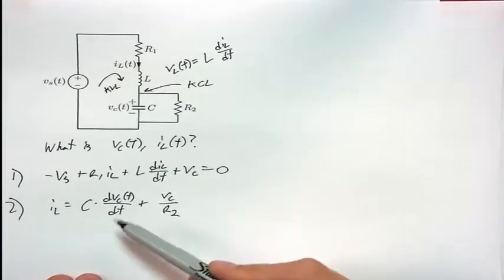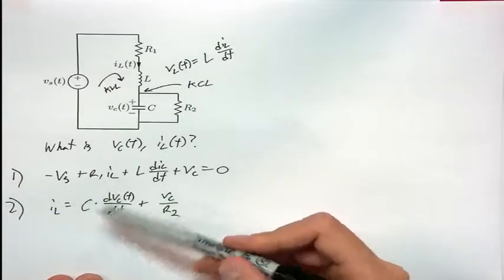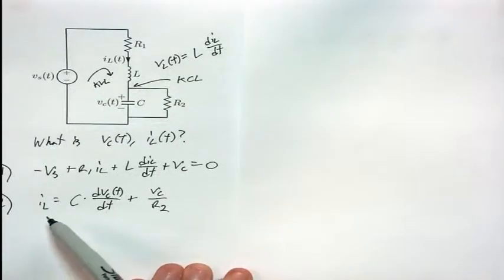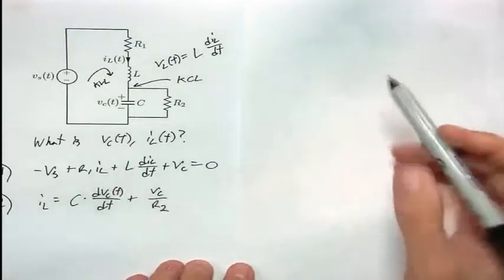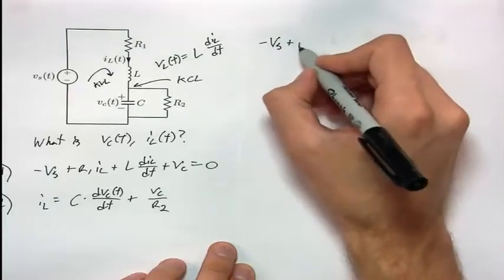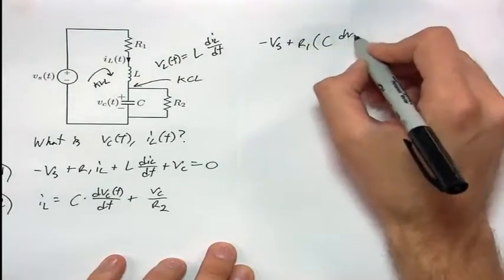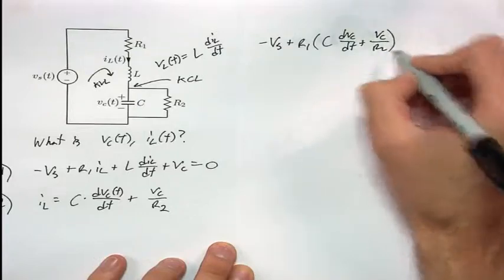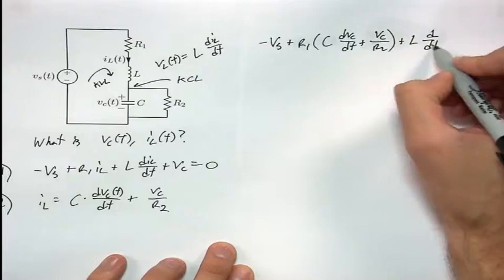Now we want to substitute the KCL equation into the KVL to get a second order differential equation, which we can solve. We're going to substitute iL into the first equation. So we start off with negative Vs plus R1 times iL, which is C dVc/dt plus Vc over R2, plus L times d/dt.